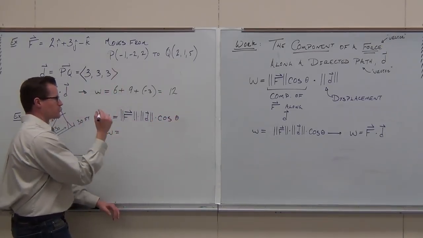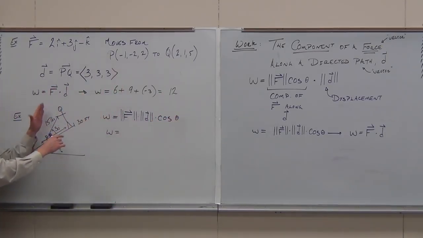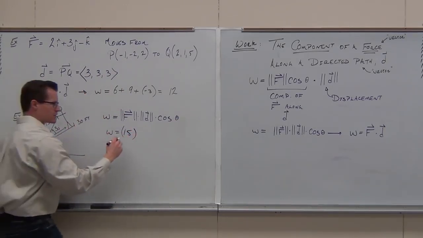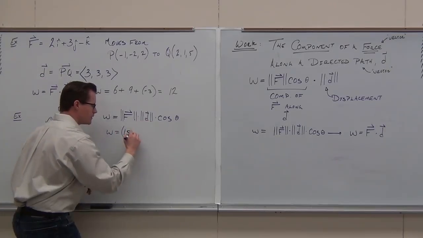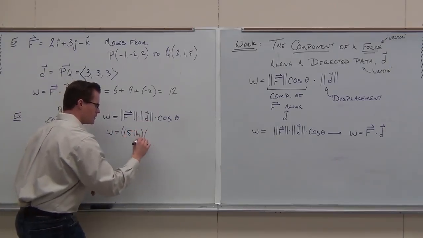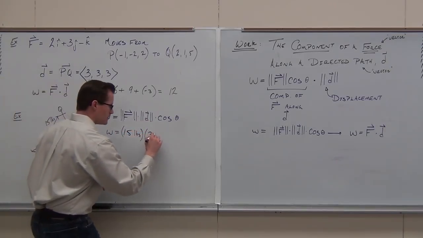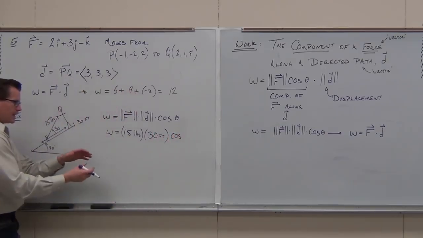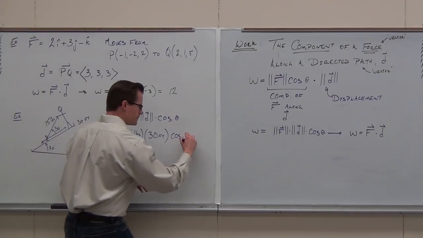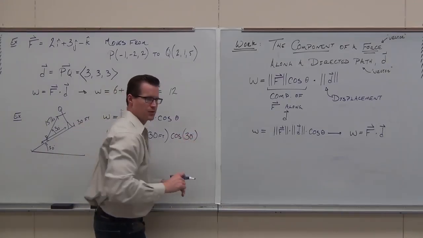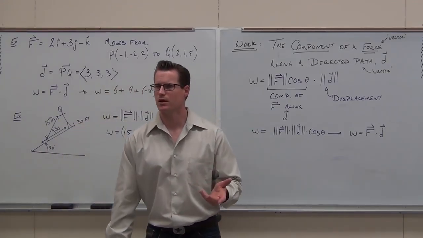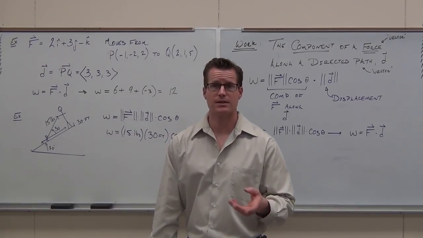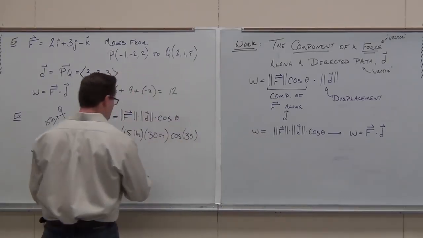We're going to burn through it pretty fast. The force is 15 pounds, that's the magnitude. The displacement is 30 feet. The angle between them, 30 degrees. Do you know what the cosine of 30 degrees is? Yeah, root 3 over 2, and that's the exact value. So we go, okay.